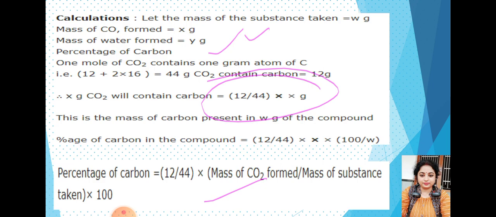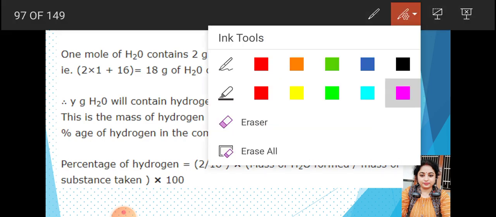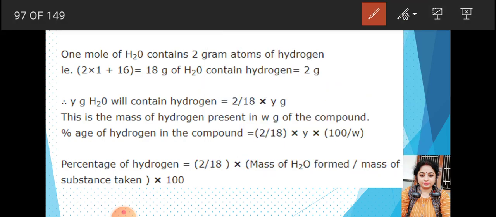The molecular mass of water is 18. 18 gram of water contains 2 gram of hydrogen, so Y gram of water will contain hydrogen 2 by 18 into Y gram.